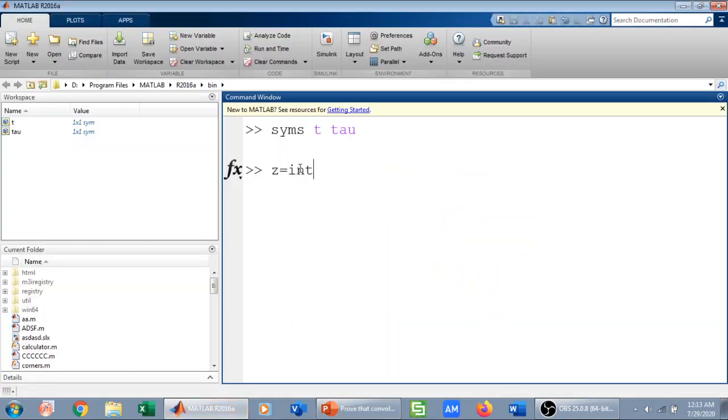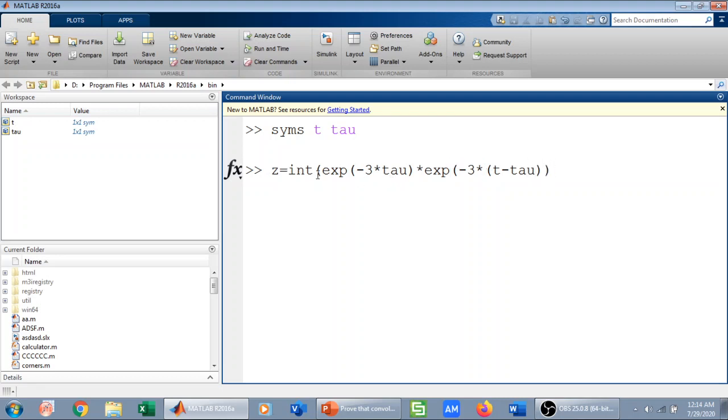So I will use int, and then I have the integration of exponential of minus 3 star tau, convolved with the exponential of minus 3 star t minus tau.